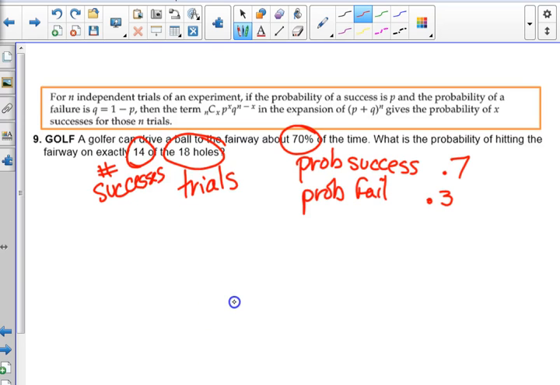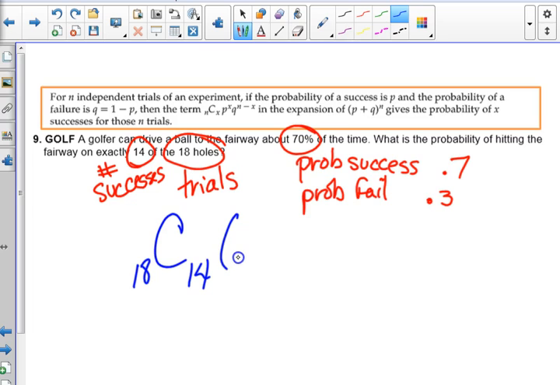All right, so what would that look like if we wrote it the way I just said? What goes in front of this? 18, and we want 14 successes.